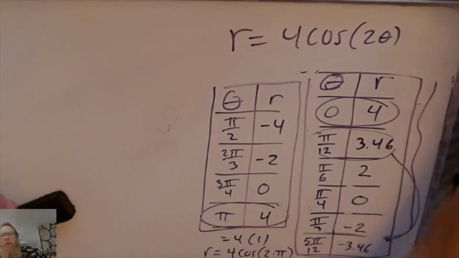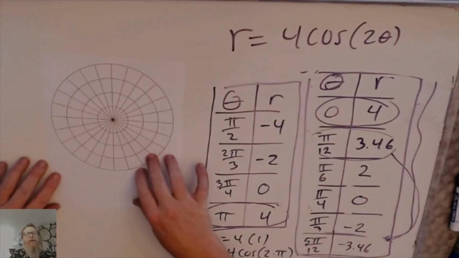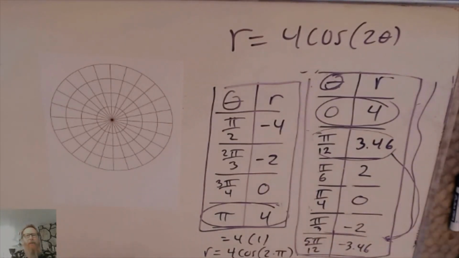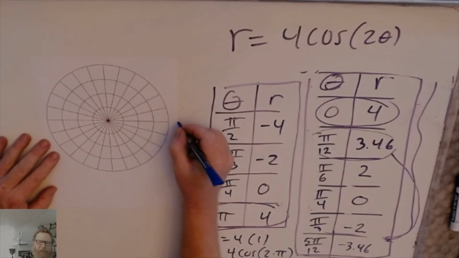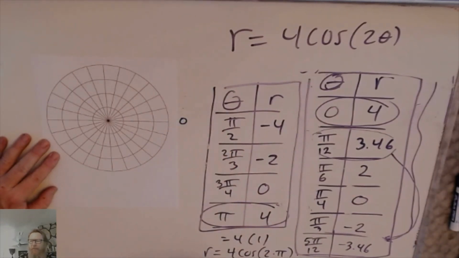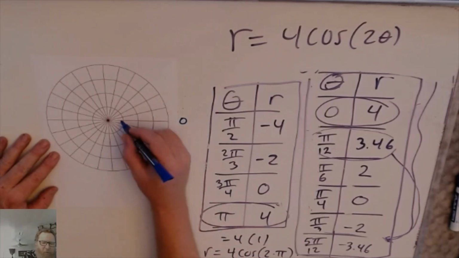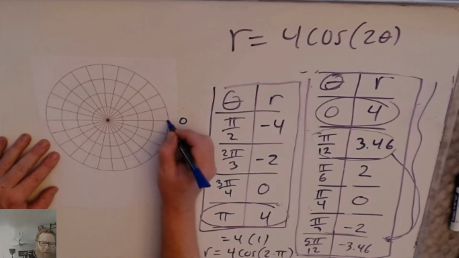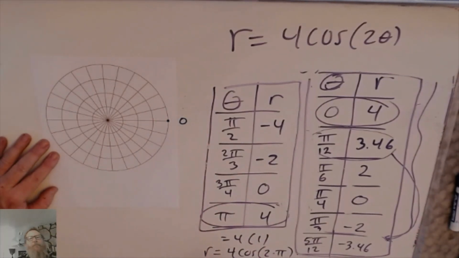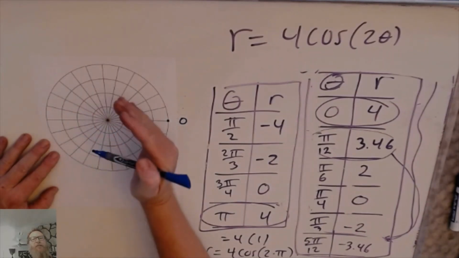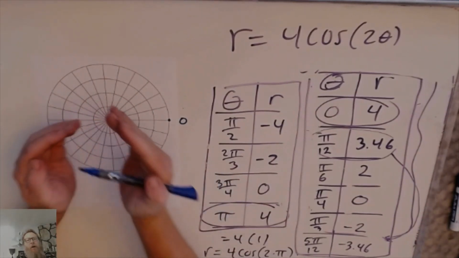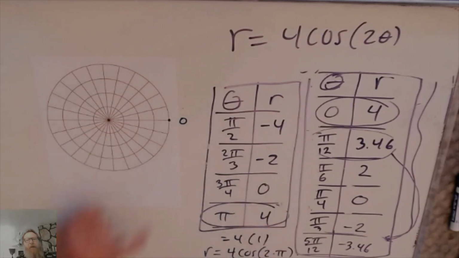So we got some polar graph paper here. We're starting with 0 degrees. So it's 0 degrees right here, or 0 radians. And 4. So 1, 2, 3, 4. Each concentric circle is radius 1. So 1, 2, 3, 4.